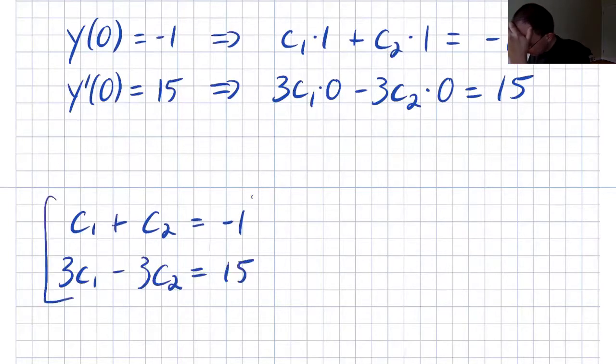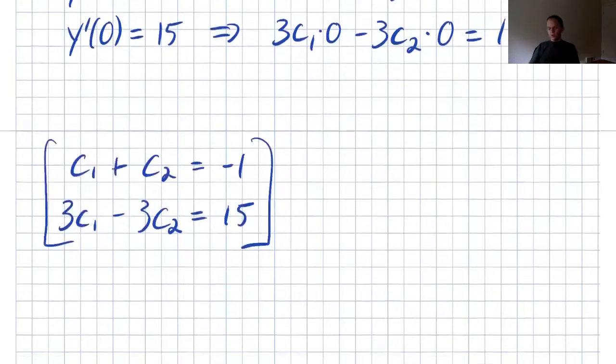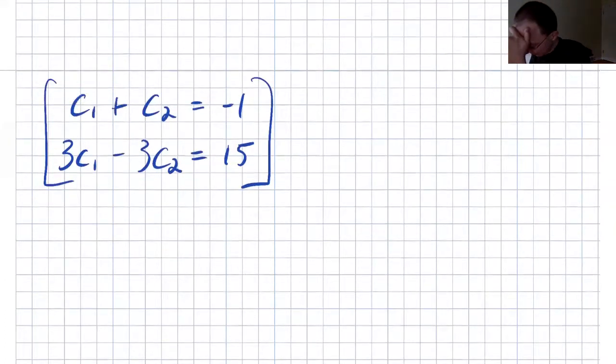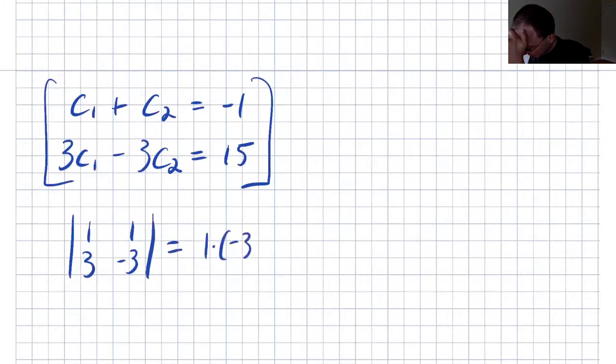Now we can use the determinant again to verify that we're guaranteed a unique solution to this linear system. So the determinant is 1, 1, 3, negative 3, which is 1 times negative 3 minus 3 times 1, and that gives us negative 6.